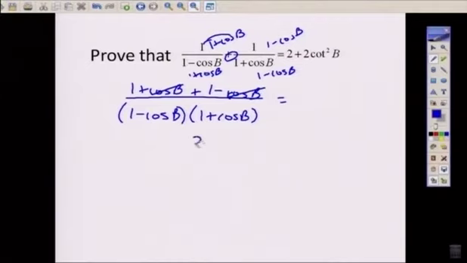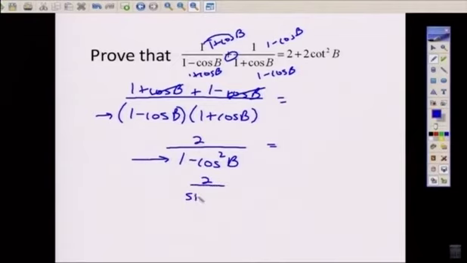So 1 plus 1 is 2 over, and if I were to multiply out my denominator, 1 minus cosine b times 1 plus cosine b is 1 minus cosine squared b. Going back to our Pythagorean identities, we should start recognizing that. 1 minus cosine squared is sine squared.